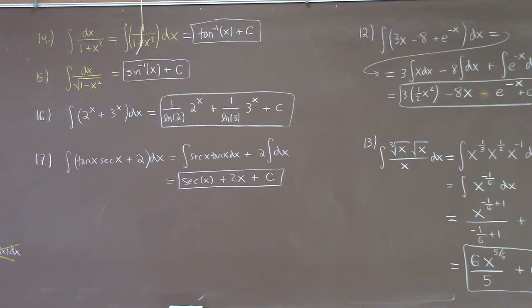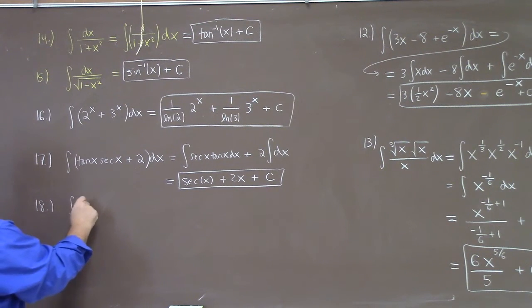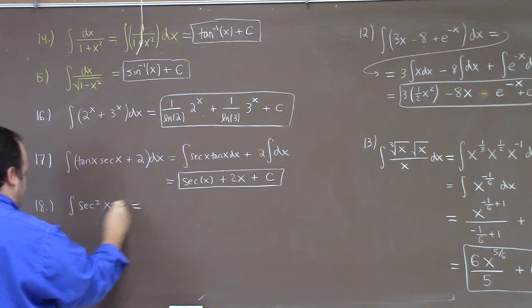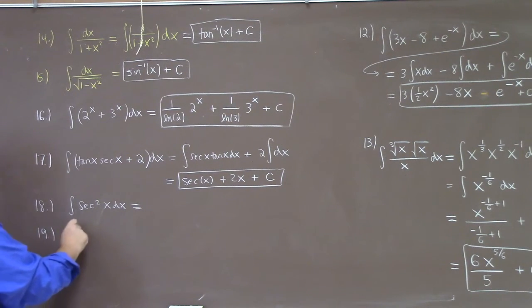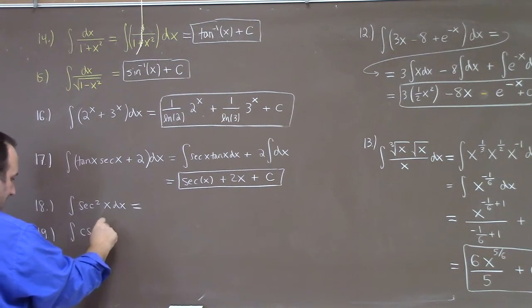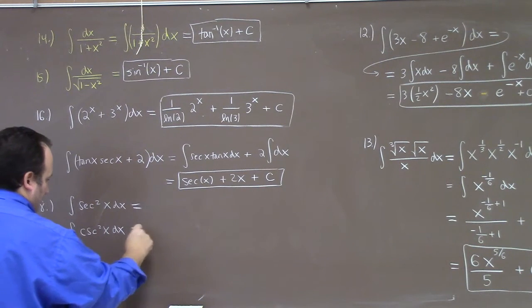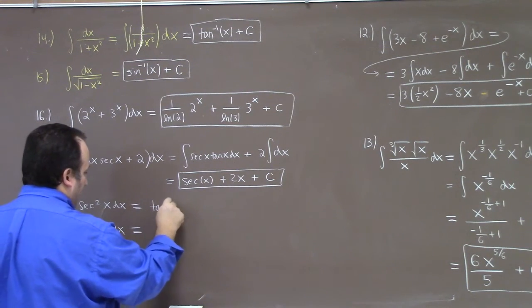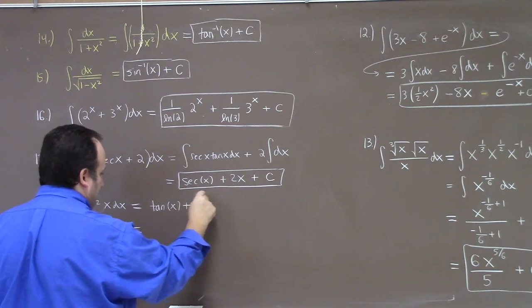How about this next one? These are kind of silly because I wrote the table on the board today, so the answers are already on the board. The integral of secant squared is tangent, because the derivative of tangent is secant squared.